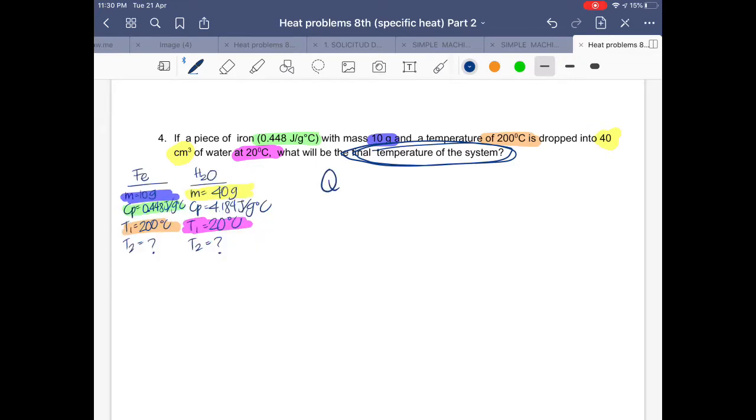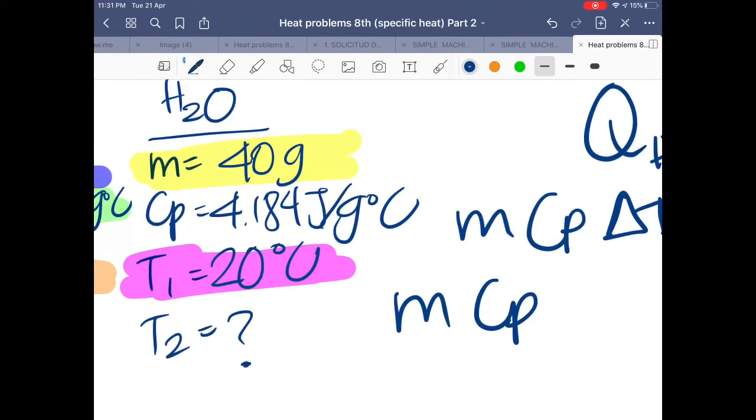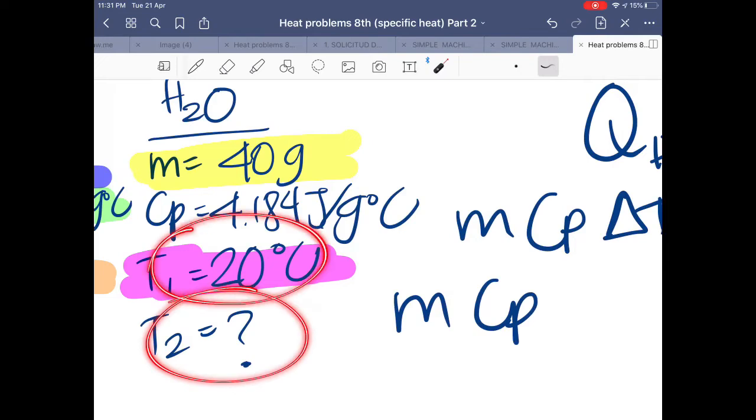The heat of water is the same as the heat of the iron. So mass times specific heat times delta of temperatures equals mass times specific heat times delta of temperatures. Let's focus on the one of water first. Mass times specific heat. We do not have temperature 2, so we don't know which one would go first.